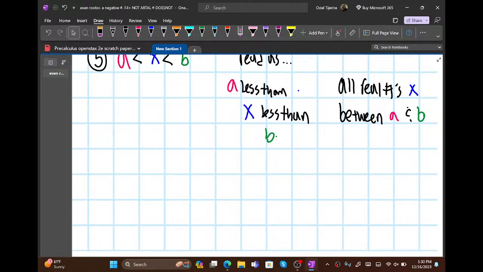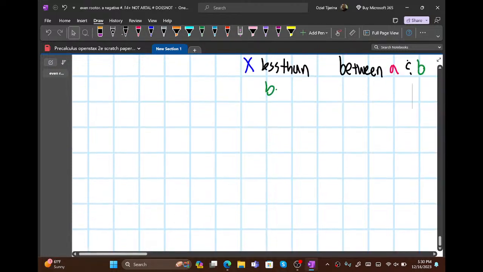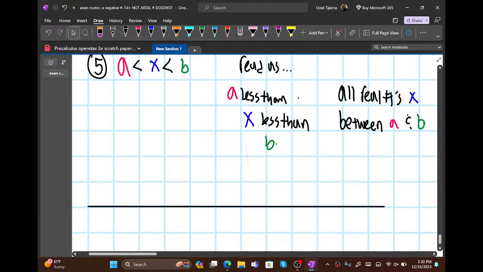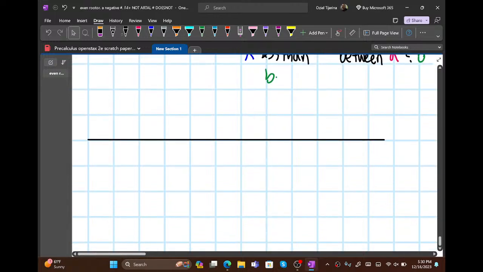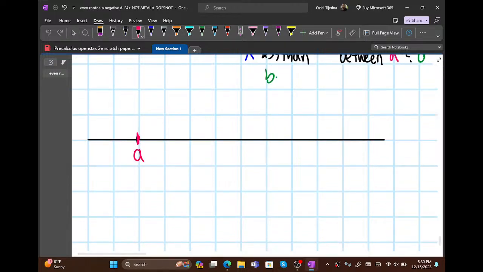So the way that we're looking at this on the number line, we have 2 values this time, from a to b.